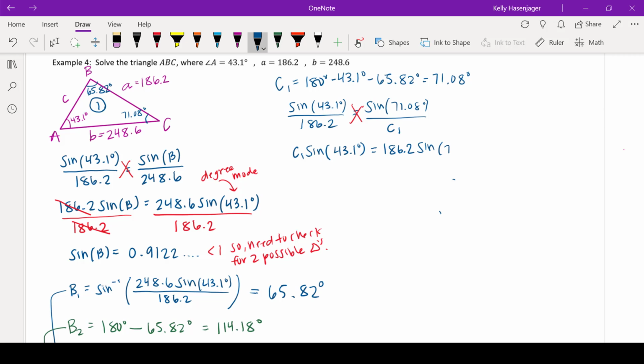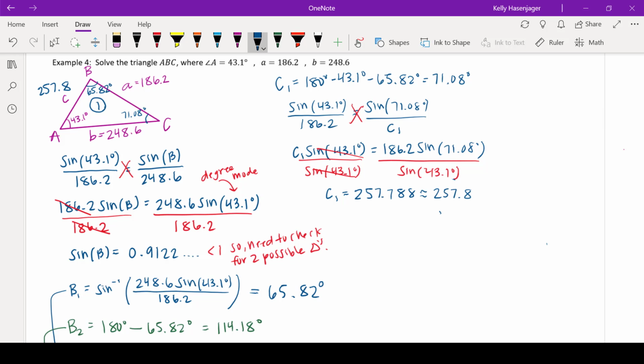And then we're trying to solve for C sub 1. So next we're going to divide by sine of 43.1 to both sides. So we get C sub 1, and then if we type that into our calculator, it should still be in degrees. We'll get 257.8 if we round. So cool, we got our full triangle, all 6 pieces we found.